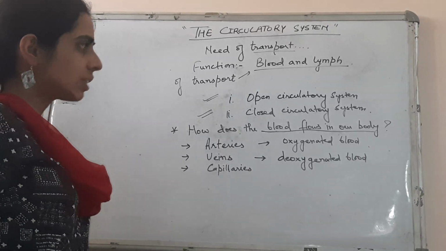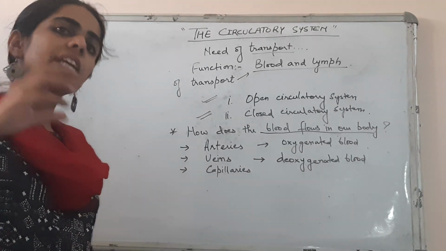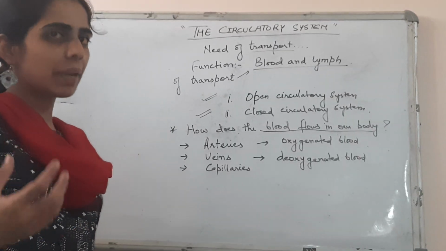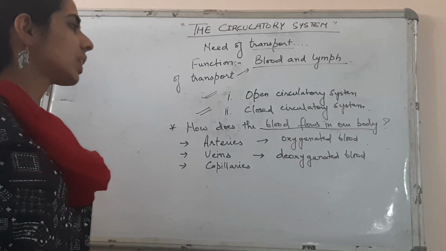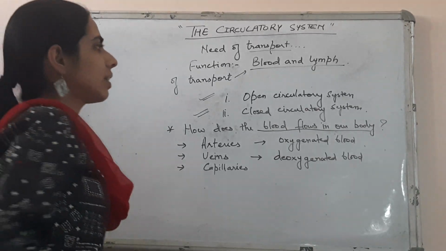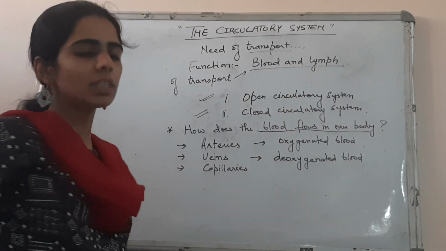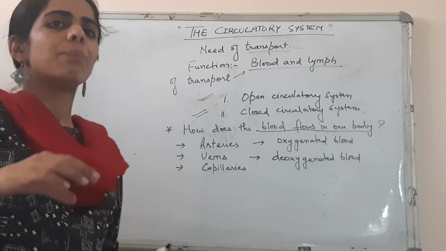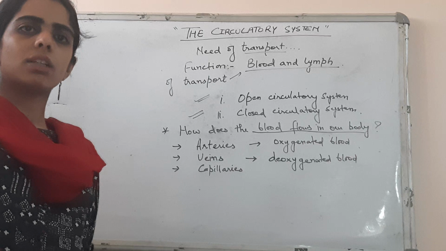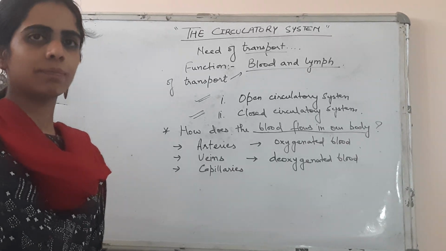And due to this, the mixing of deoxygenated and oxygenated blood takes place. So in those lower order organisms or insects, we can say that they have an open circulatory system due to which a mixing of deoxygenated and oxygenated blood takes place.